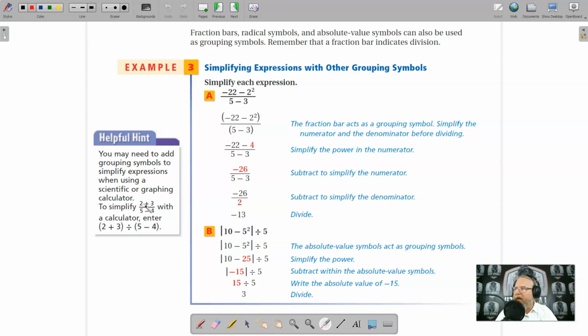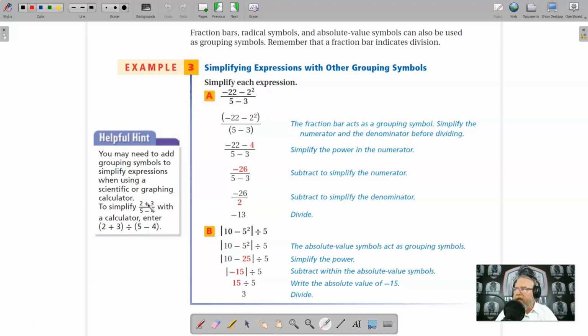To simplify 2 plus 3 over 4 minus 5 with a calculator, you would enter the quantity of 2 plus 3, notice how they're using parentheses, divided by the quantity of 5 minus 4. The reason for that is you're letting the calculator know that first you have to add the 2 and 3, then you have to subtract the 4 from 5. Then once you've done that, then you can do the division.